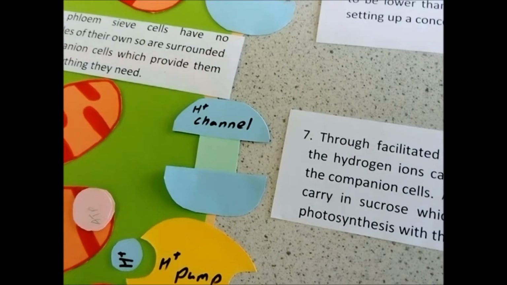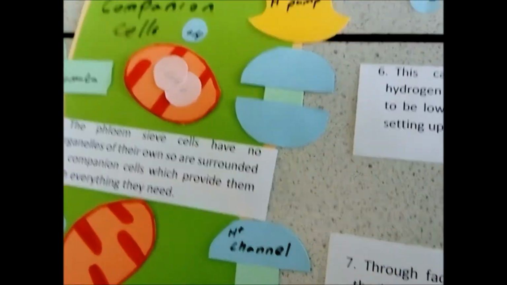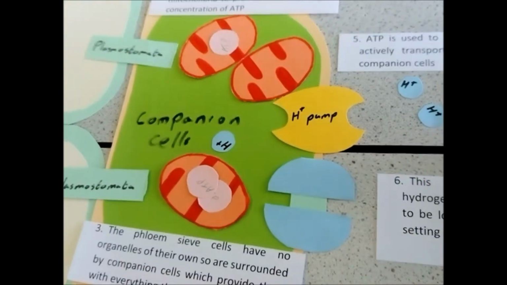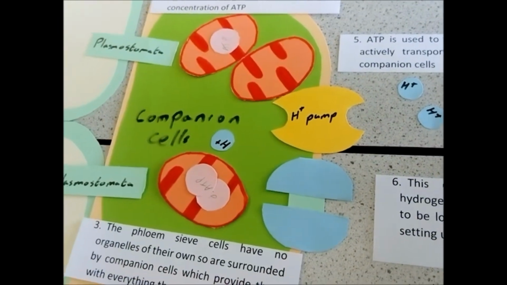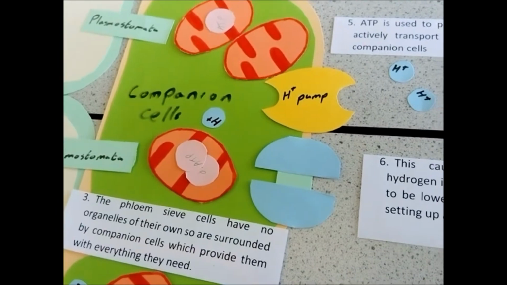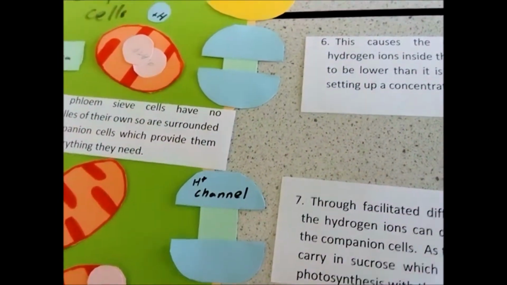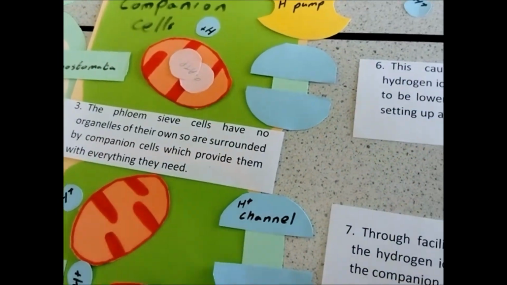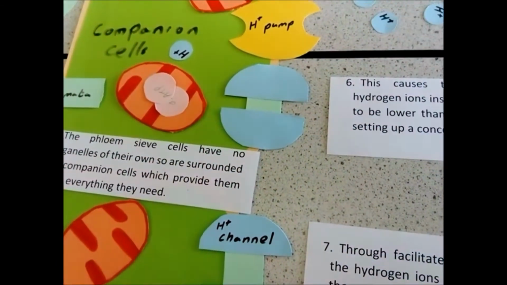So this causes a concentration gradient. The concentration of hydrogen outside will be higher than the concentration inside. This causes the hydrogen ions to move back into the companion cells through a channel protein.